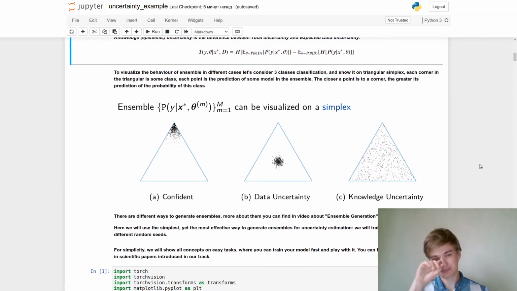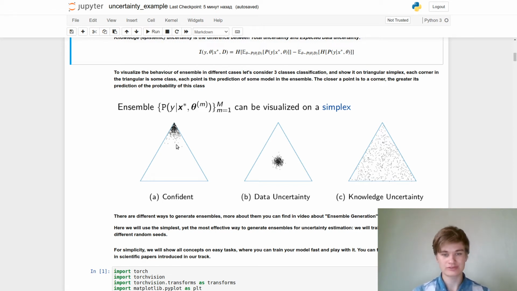Let's also recap how it looks visually. We can consider a three-class classification and visualize our models' predictions on a simplex. Here each corner means some class, and the closer the model prediction to the corner, the higher the probability of this class.